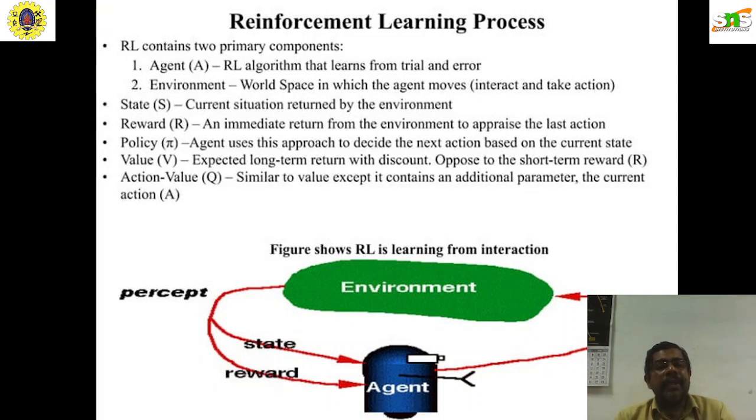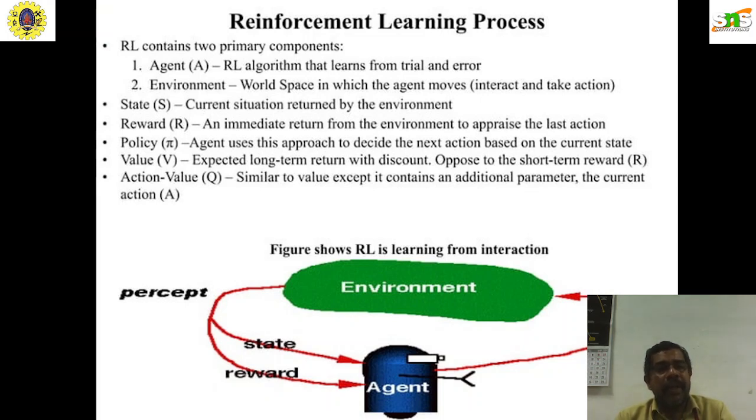The next one is the value, V. This value V is a long-term return, with a certain discount, as opposed to the short-term reward. So this is for long-term reward. And finally the action value, Q. This is a similar value, but it contains an additional parameter for the current action.